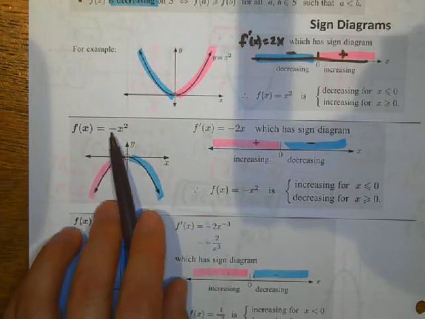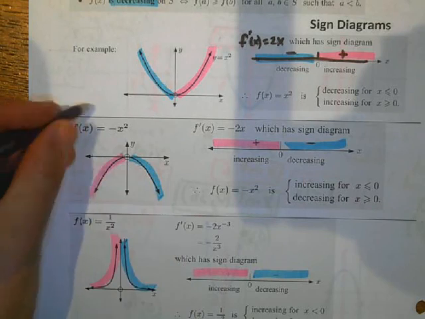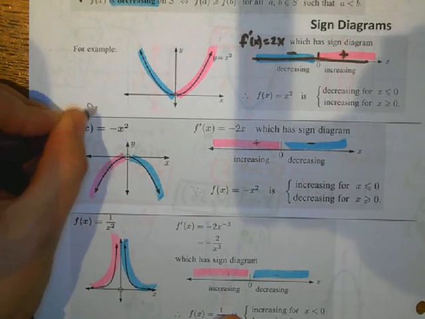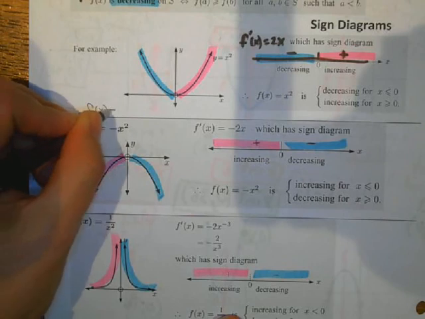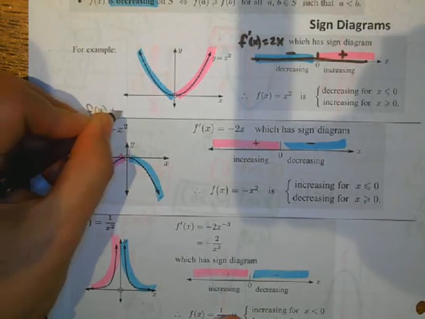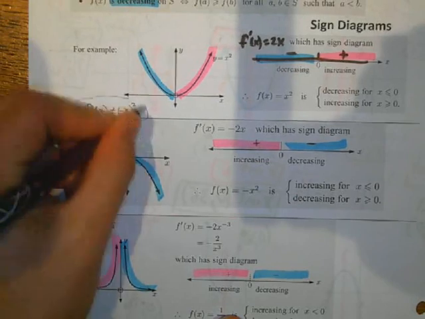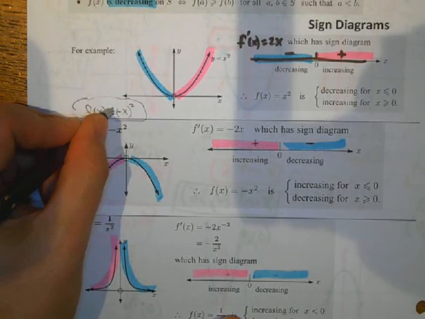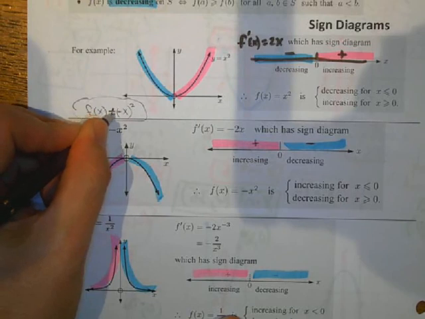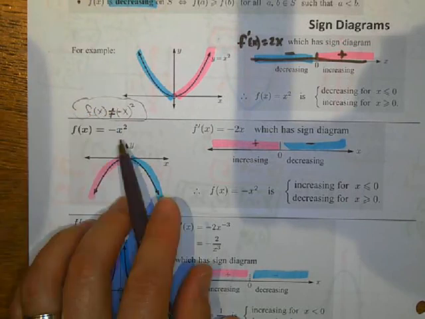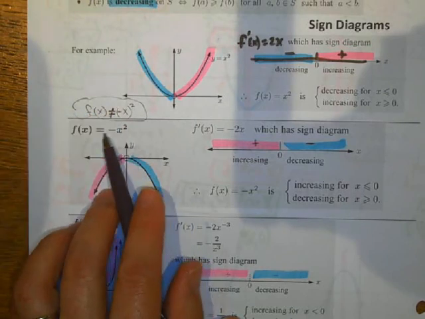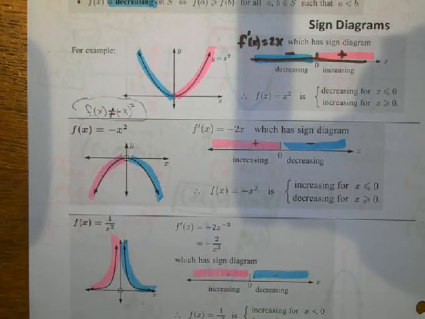Now this negative here is not the same as negative x squared. This means you're going to take it squared and then make it negative, and that's why it's pointing down.